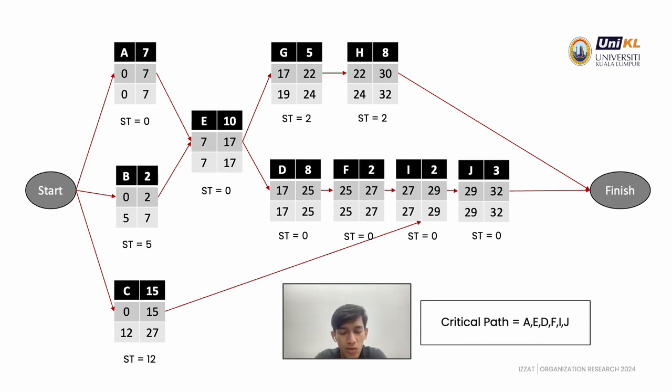The late start for activity G is 17, and the late start for activity D is 19. So the answer is 17, which is the late finish of activity E.